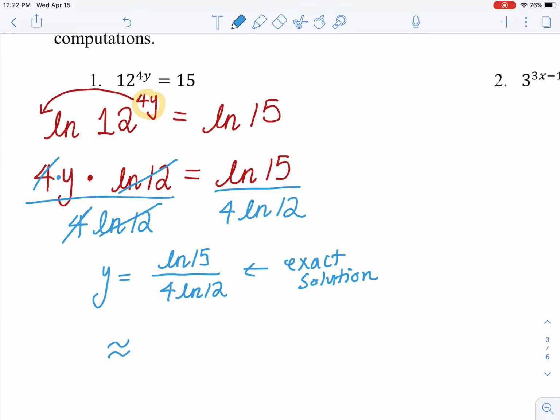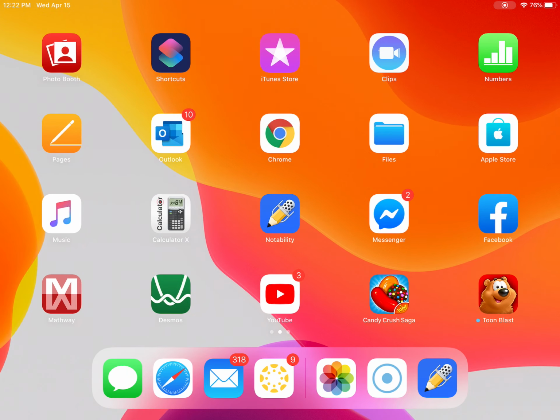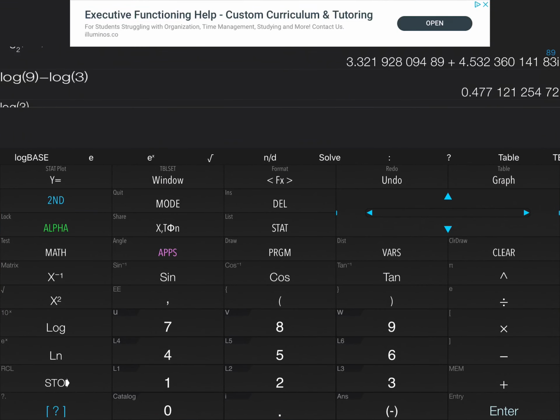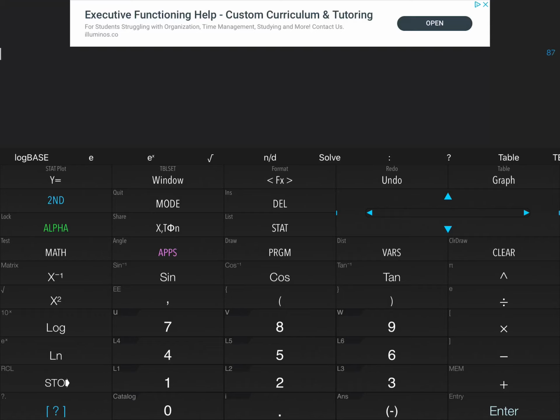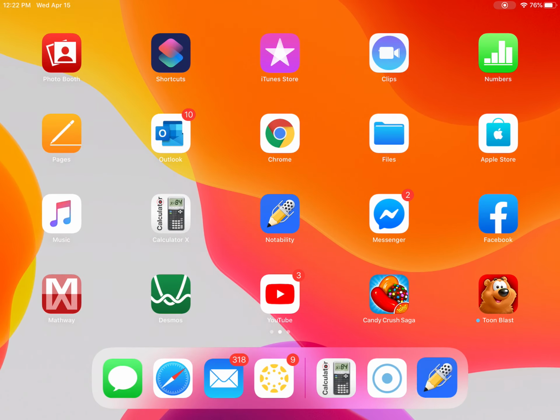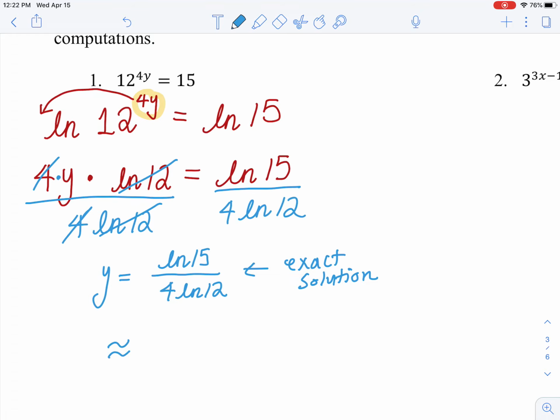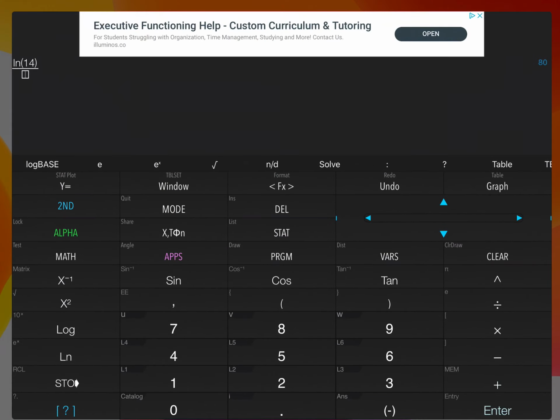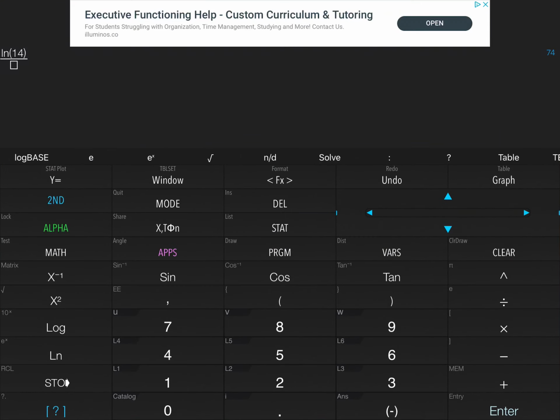If you want to find the decimal approximation, all we need to do is type this into our calculator: ln 15 divided by 4 times ln 12. Let me go to my calculator.